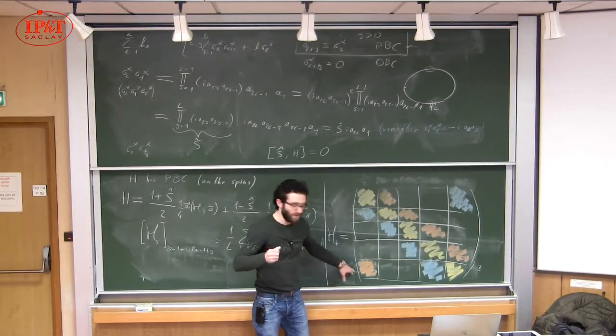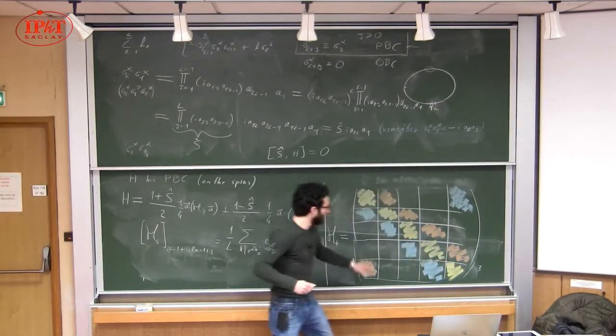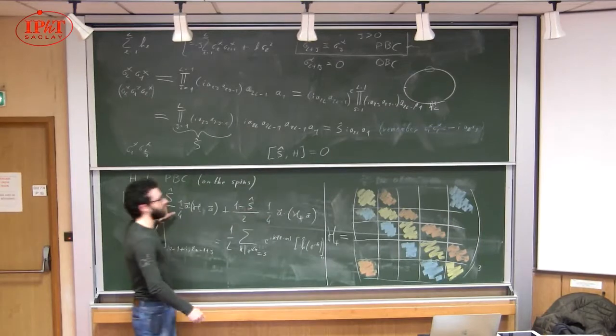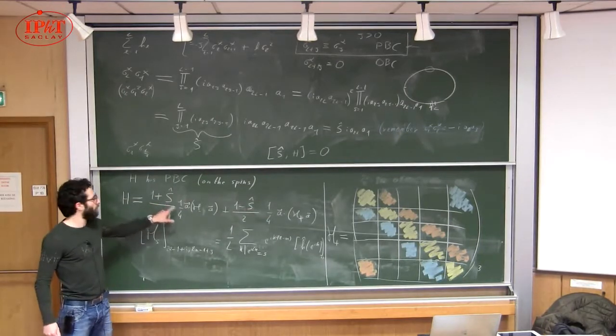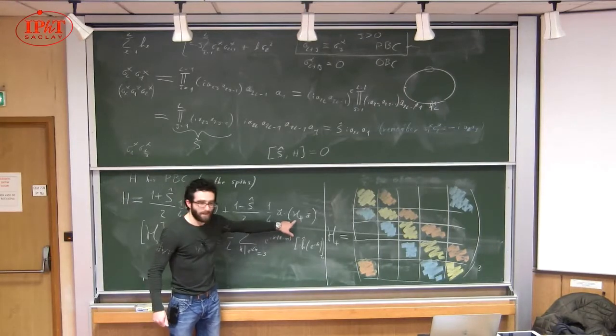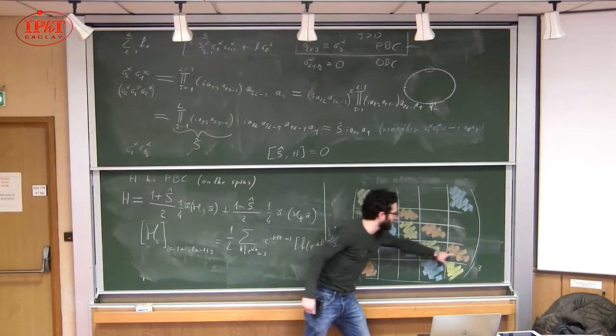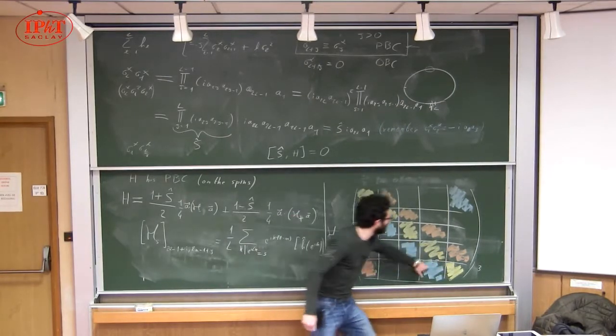But now the question is: is this really equal to this? And the answer depends on S, on whether you are considering H minus or H plus. For H plus, this is exactly equal to this. These two terms are identical, like these two terms.